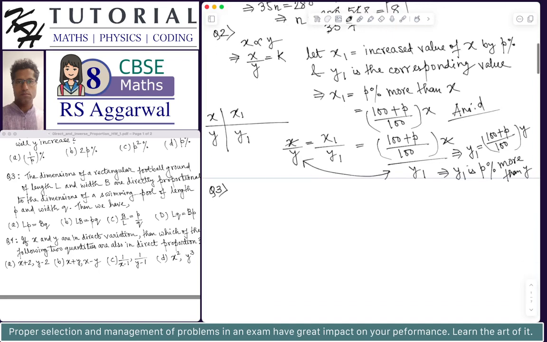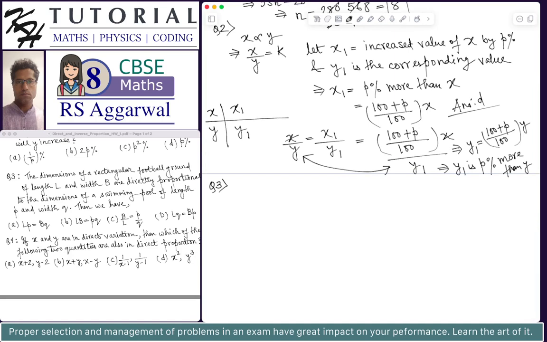So essentially it means that the dimensions are directly proportional.